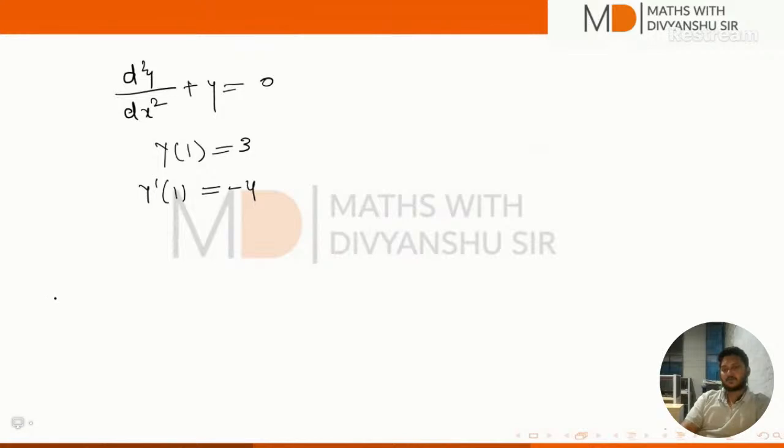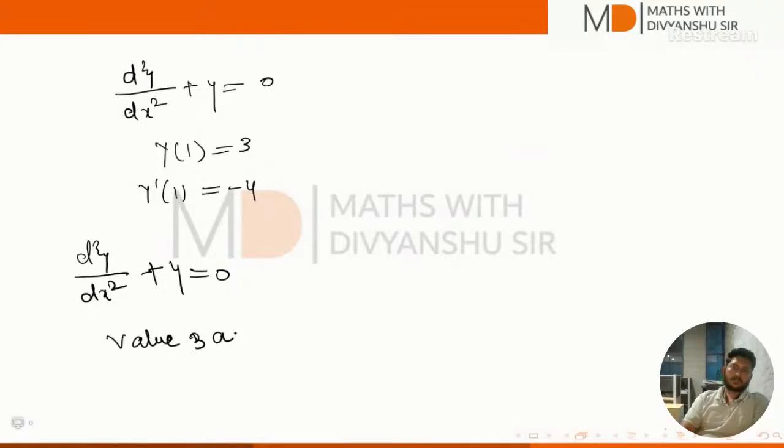In this problem, we must find a solution of the differential equation which assumes the value 3 at x = 1, and whose first derivative assumes the value -4 at x = 1.